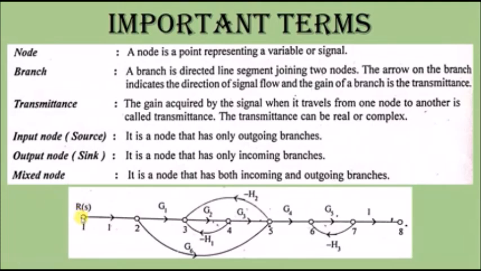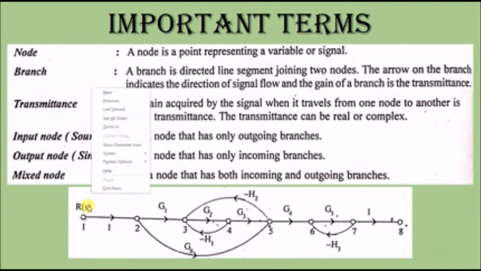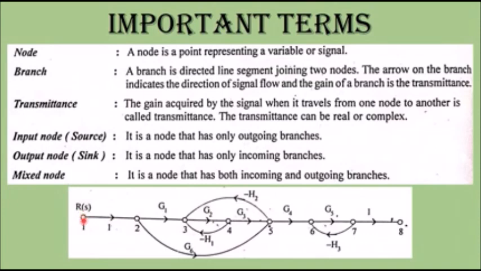See here, a node is denoted by a dot or a circle. This R of S is my starting node, and here C of S is my ending node, right?